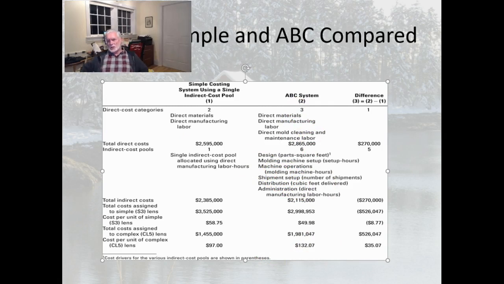So ABC costing was first thought of academically and so forth in the 1980s. And the first large company to adopt ABC costing was General Electric. And General Electric adopted it in the late 1980s, and they implemented it throughout their systems.